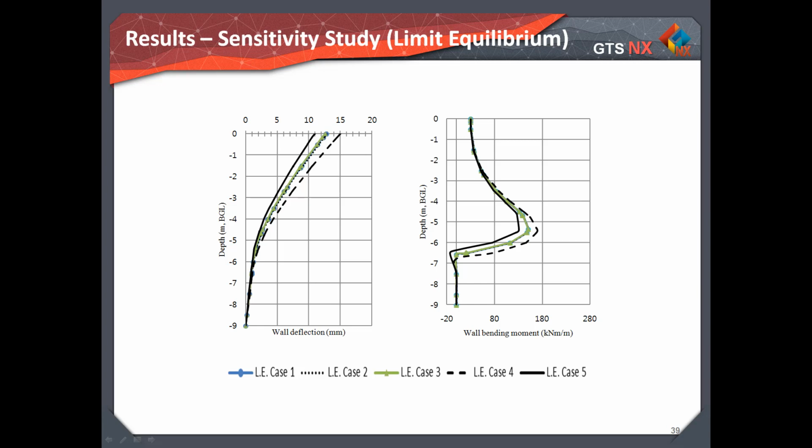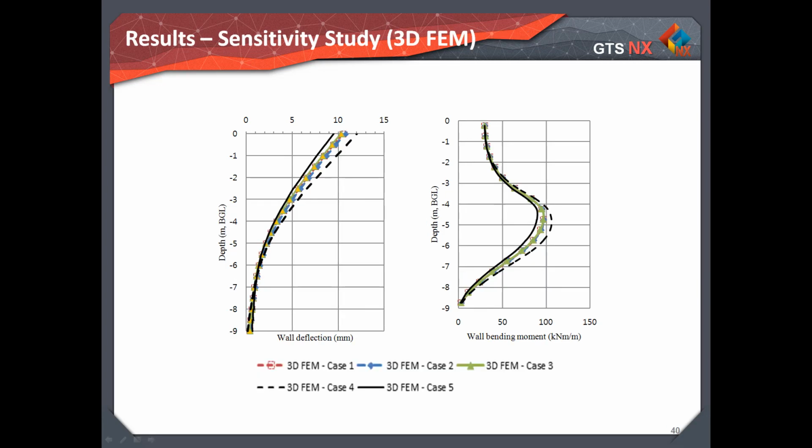This is the result of sensitivity study from limit equilibrium method, considering 5 cases. All 3 methods suggest the stiffness modulus 5% variation has very little effect on wall deflections and bending moments compared to friction angles, which has a drastic inverse effect as illustrated by graphs.